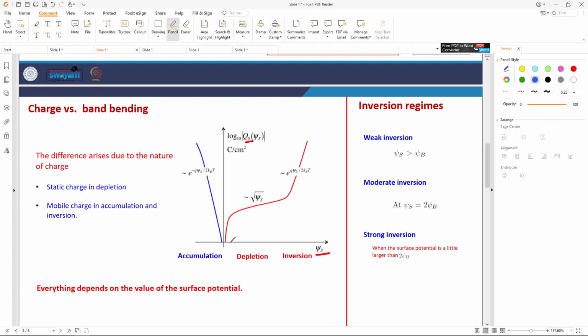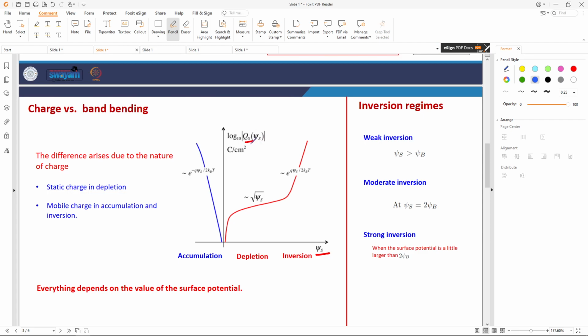So this gives us the rough dependence of the charge accumulation in the MOS device along the y-axis as a function of potential. So we have two regions. We have the accumulation region, and as you can see here, this is log of mod of Qs. This does not account for the sign of the charge carrier.